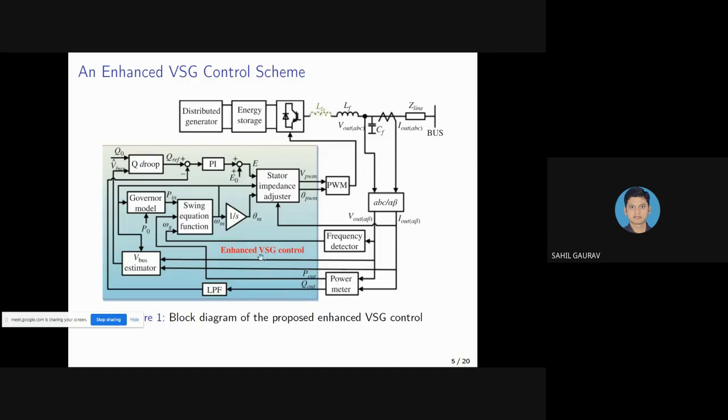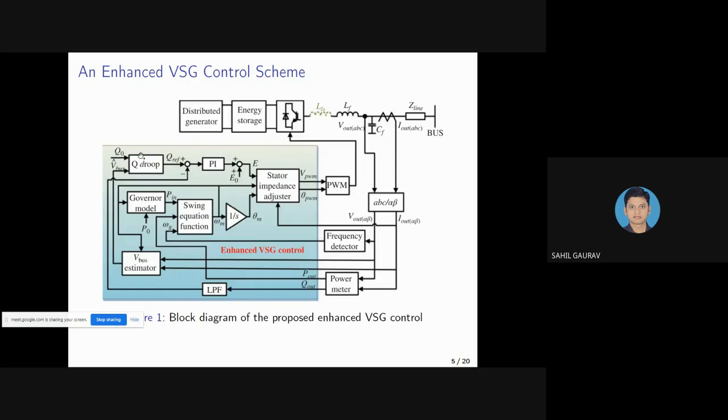The bus voltage estimator uses this V out and I out in the alpha beta frame, and gives its output to the Q droop block as the estimated bus voltage. Here we are not giving the directly calculated output voltage to the Q droop. So this is the major difference between the enhanced VSG controller scheme and the basic VSG controller scheme.